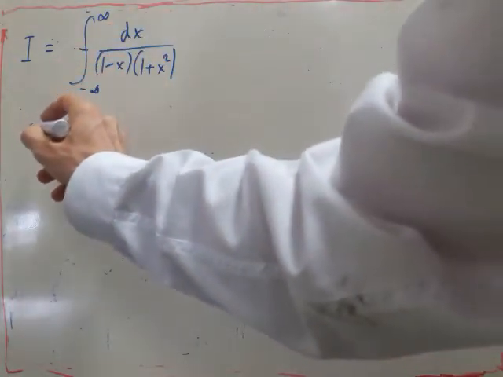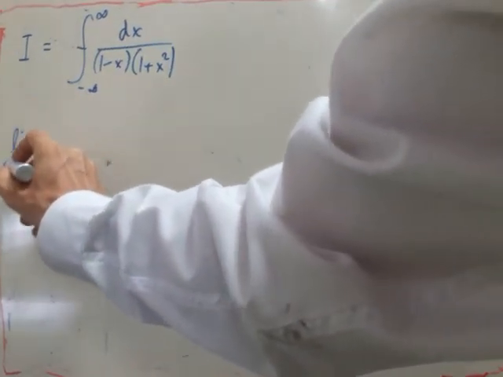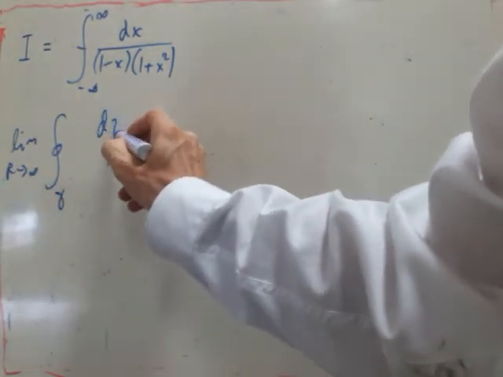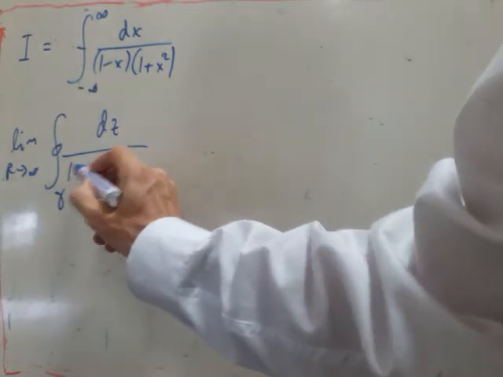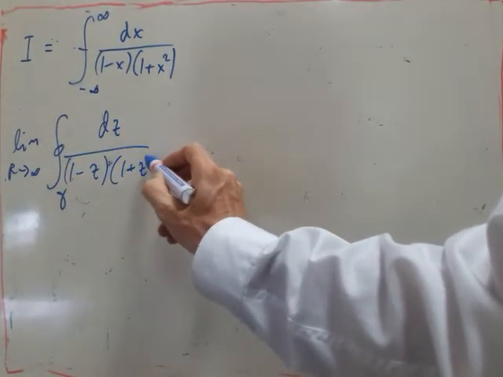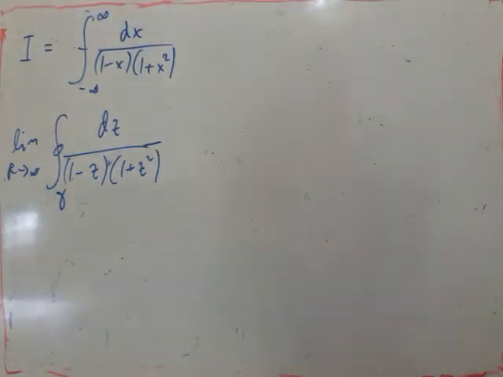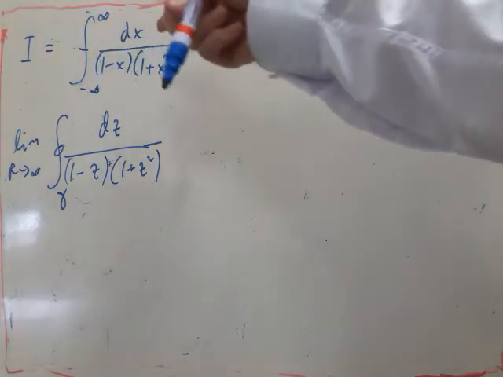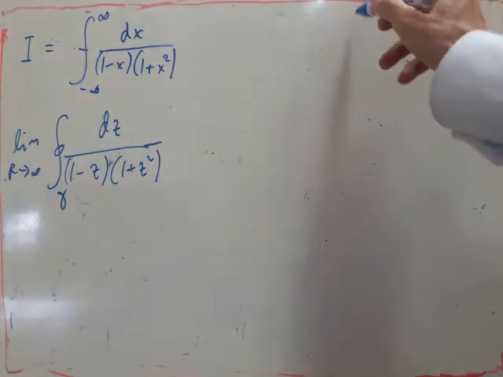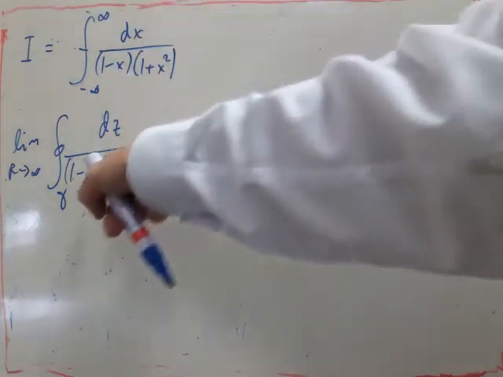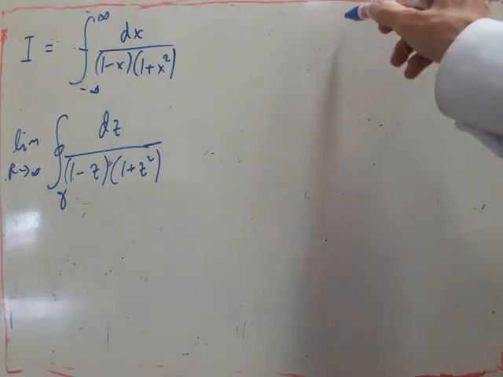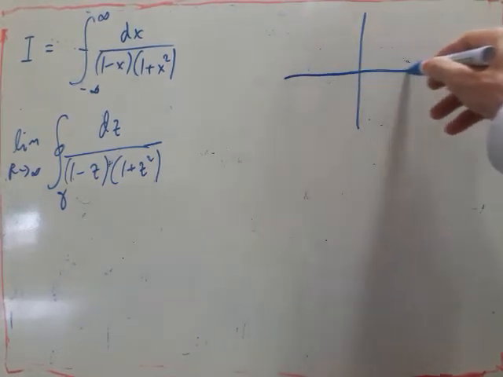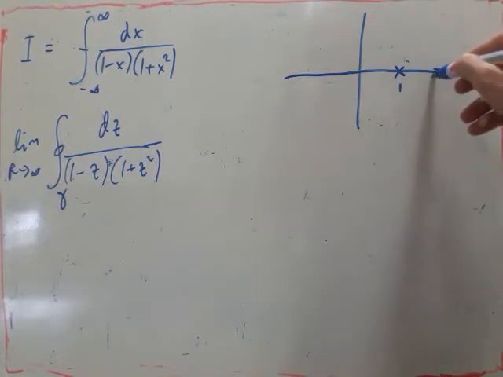So if we consider the contour integral, basically we've got a polynomial divided by a polynomial, so it's going to be the usual semicircular contour, but indented at z equals 1, where we have a pole on the real axis. So a pole at 1 on the real axis.